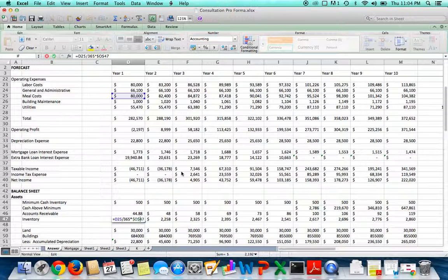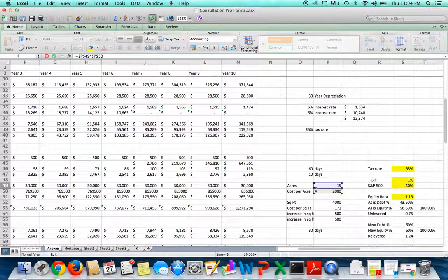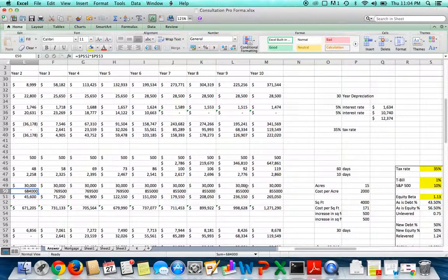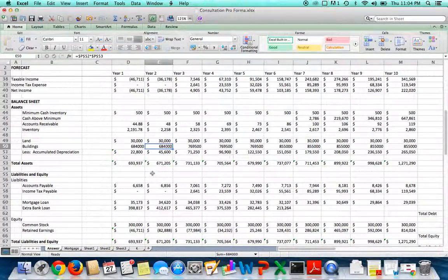Then we have land of $30,000, which we found on the internet, and that's done by finding the number of acres that the building is on times the cost per acre of $2,000, and then the accumulated depreciation, and that gives us our total assets.